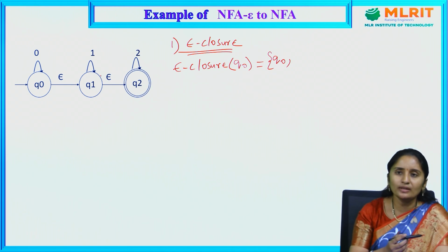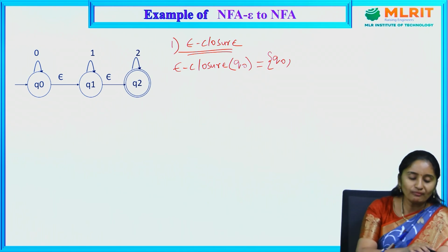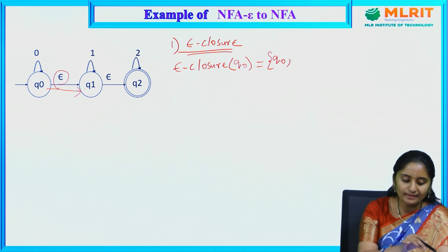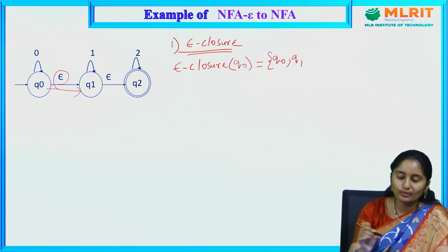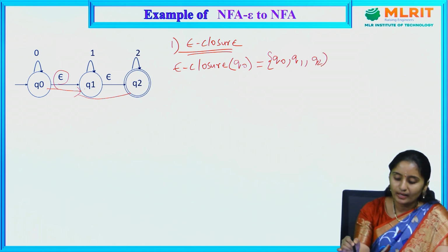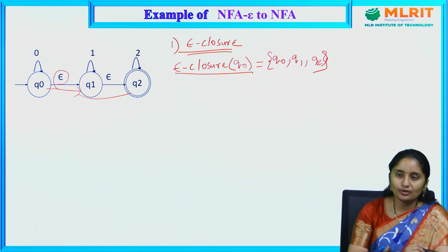Epsilon is nothing but empty moves, to move from one state to another state. From Q0 to Q1 there is an epsilon transition, so it is moving to Q1, and next from Q1 again there is a transition to Q2. So the epsilon closure of Q0 is Q0, Q1, Q2.